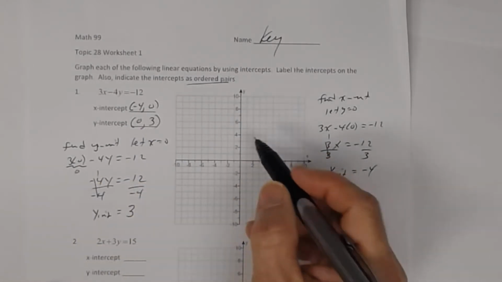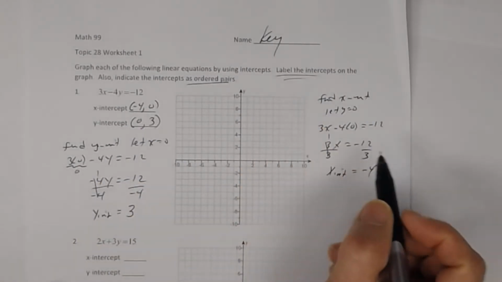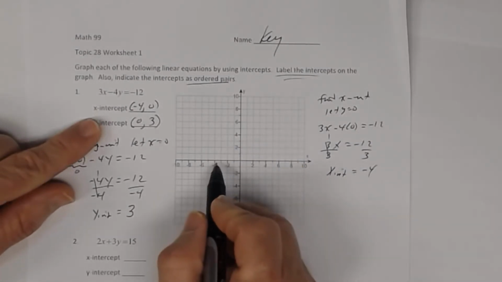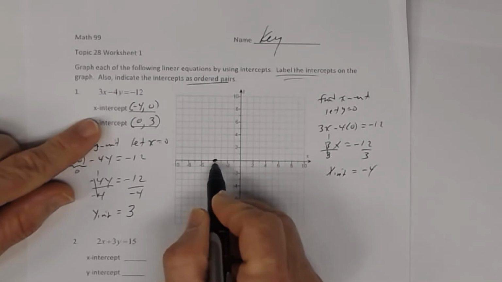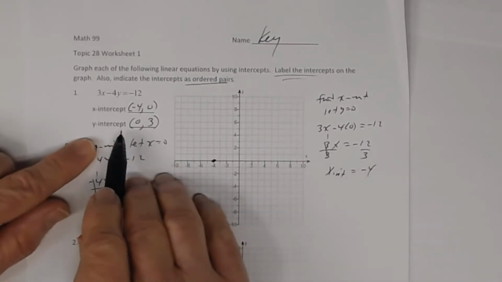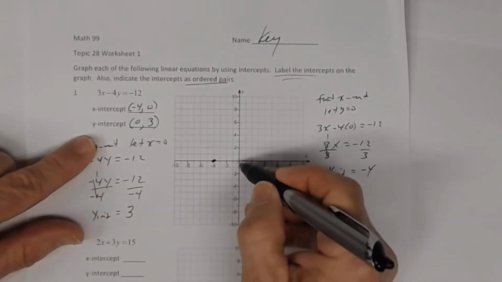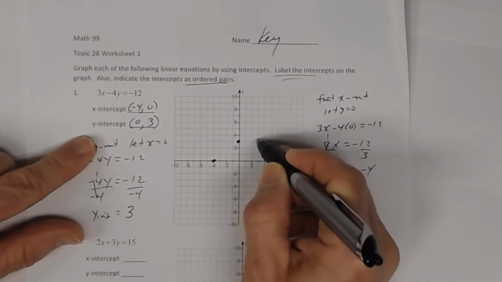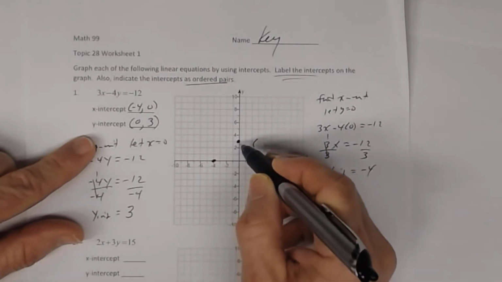Now here's how you graph this. It did say label the intercepts. First, let's plot the point (-4, 0). That's the x-intercept, where the graph crosses the x-axis. Let's plot the point (0, 3), where the graph crosses the y-axis.